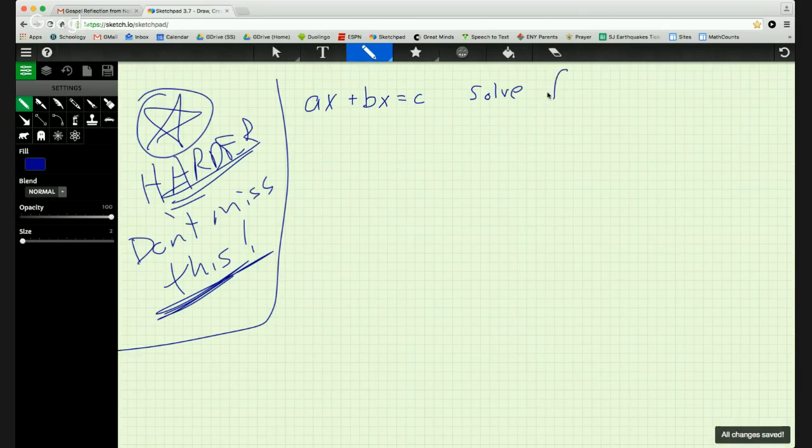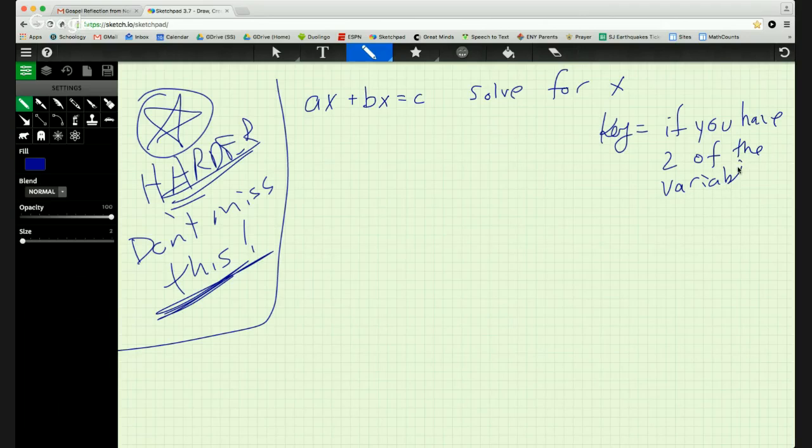Okay? Solve for X. Now the whole idea, the key, is if you have 2 of the variable you are solving for, get it to 1 variable.